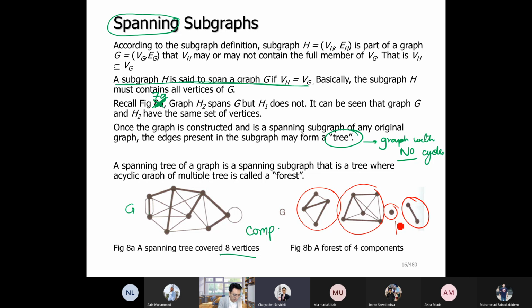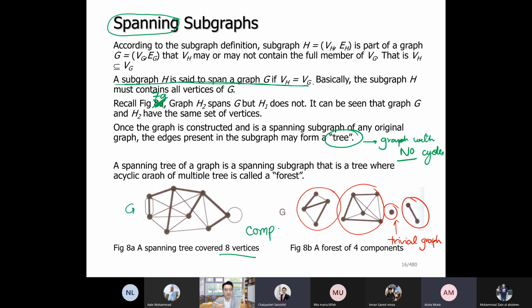What do we call this one? One single node. Do you remember we defined a single node without an edge? We call it the null, trivial graph. A trivial graph is one node without an edge, right? Okay. Any question on the spanning subgraph?